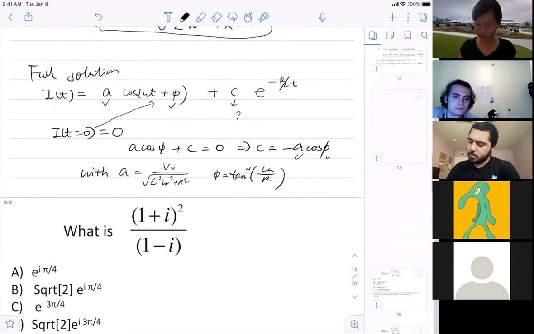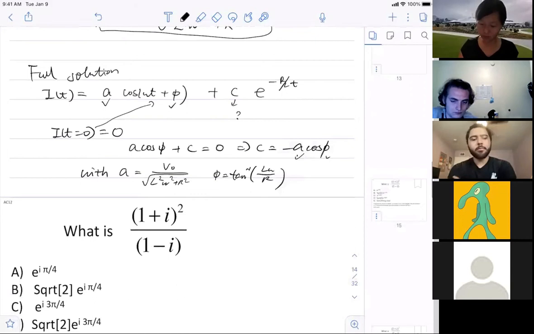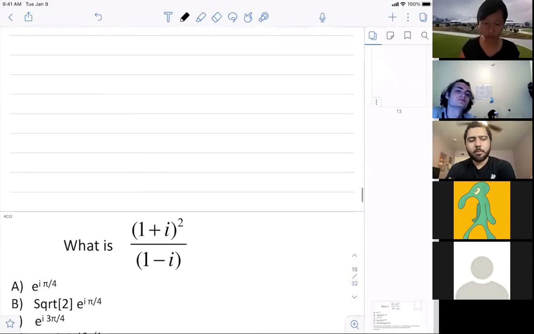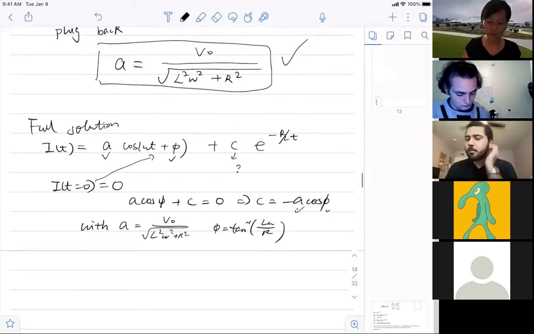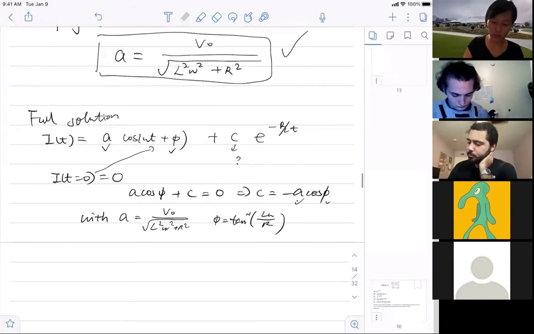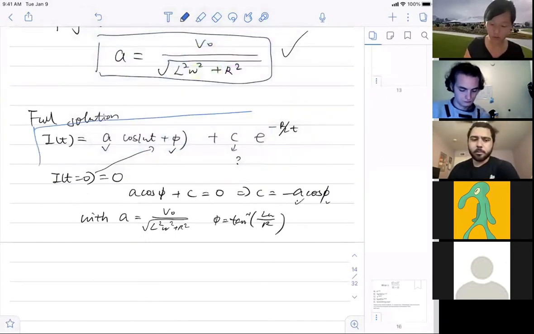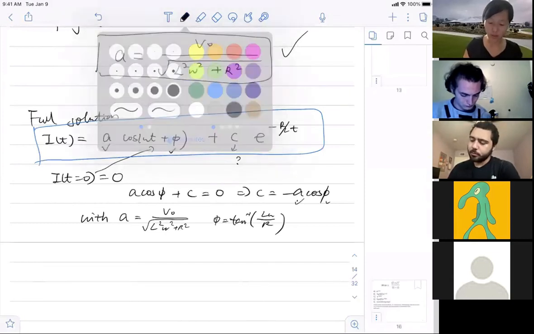Let me bring another paper over. Okay, now I've got some more space to write. Let me highlight the final solution we got. This is the solution we got, and all the constants are explained here.